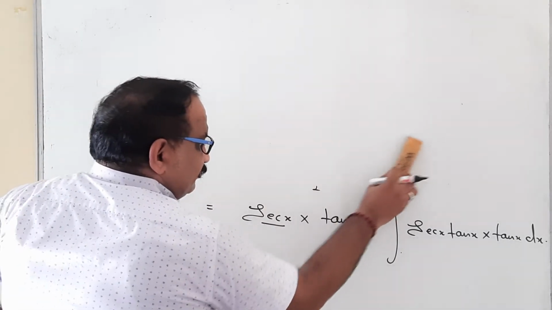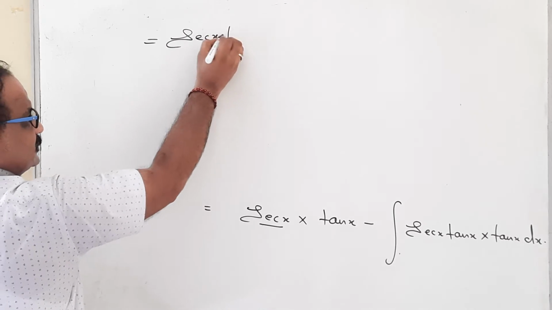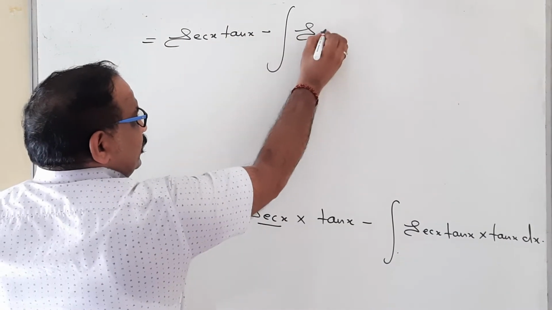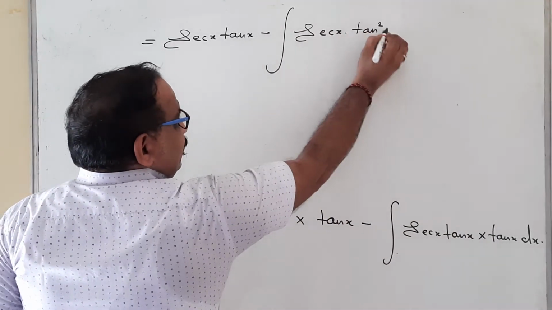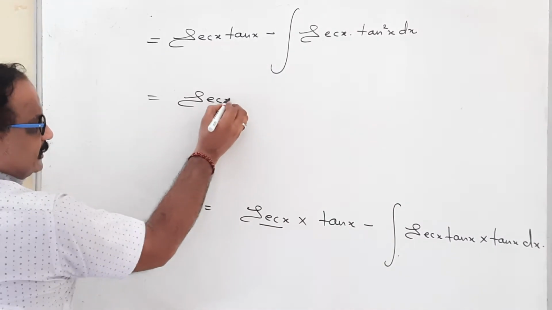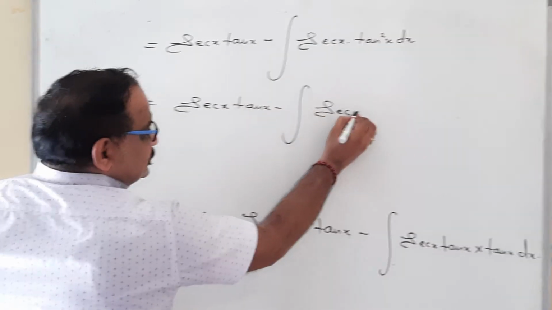Now further, what do we have to do? That portion is over, so I should write that. Here is sec x tan x minus, inside the bracket, again I have sec x tan x, that becomes tan square x dx. Now next, here is sec x tan x outside, minus inside portion there is sec x.